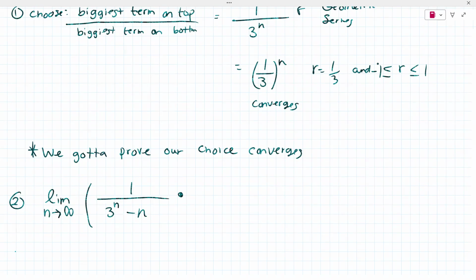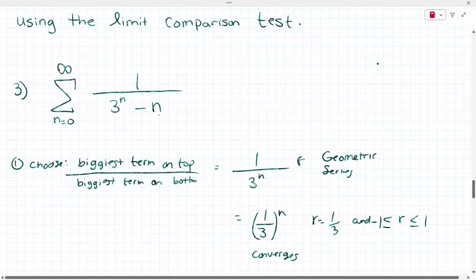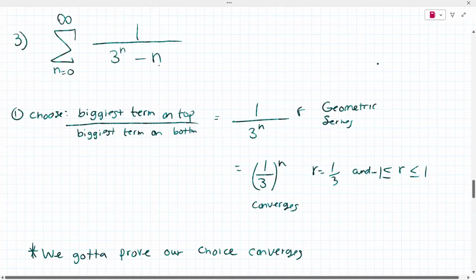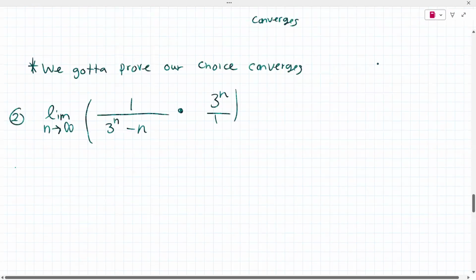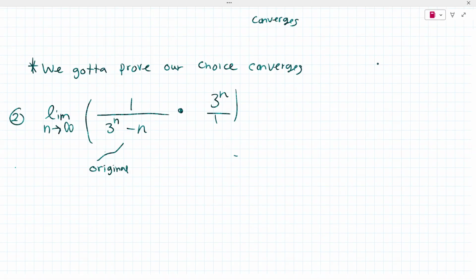It would be 3^n, right? Wait, the one on the bottom is 3^n over 1, so the reciprocal of that is 3^n over 1. Okay, so this right here is your original, and this is the reciprocal of the choice.